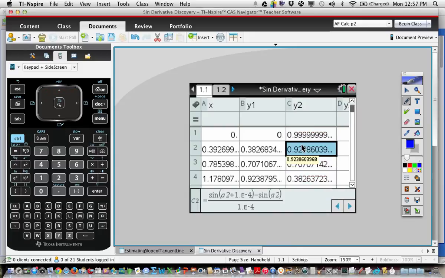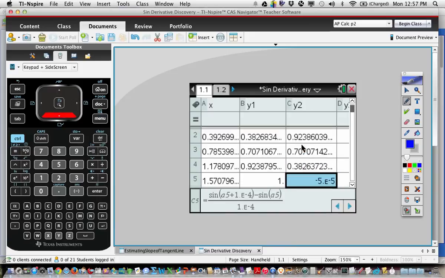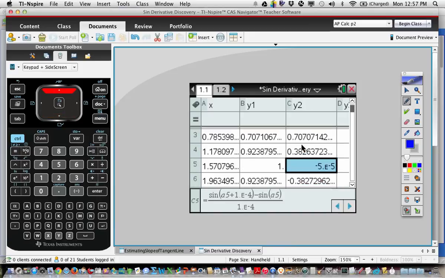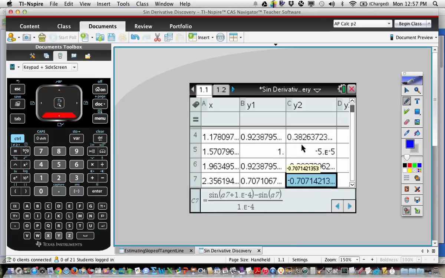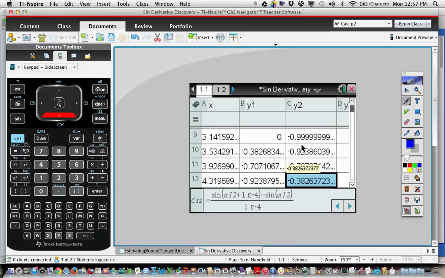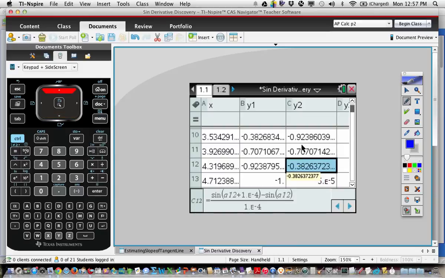What are the slopes? 1, but they're getting less positive until 0, then they're negative and getting more negative. If I scroll through these values, positive getting less positive, that'd be 0 right there. Then negative and getting more negative until right there, then negative and getting less negative till they're 0, and so forth.